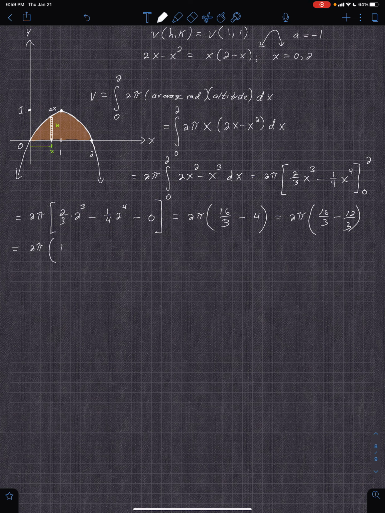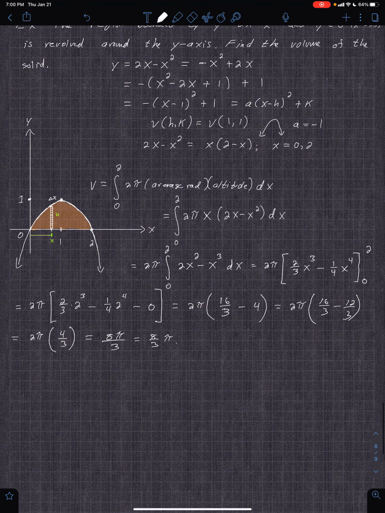Oops, I gotta actually evaluate that, huh? Let's go ahead and do that. So 16 minus 12 is 4, so 4/3. So that's 8 pi thirds, or 8/3 pi. Does it make sense? It isn't negative. Yeah, that seems right.